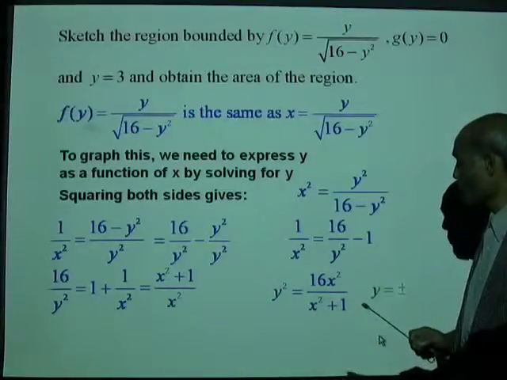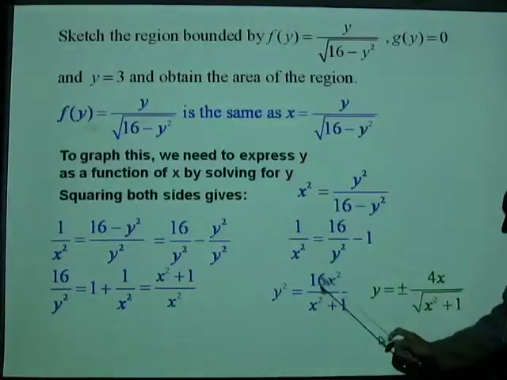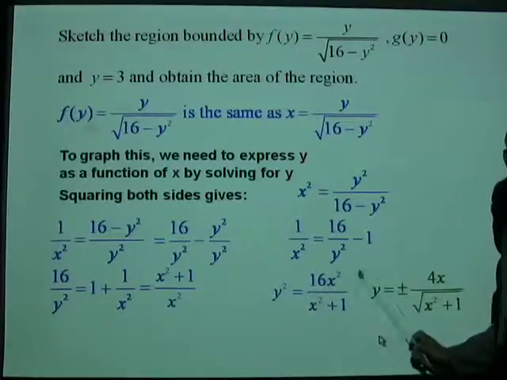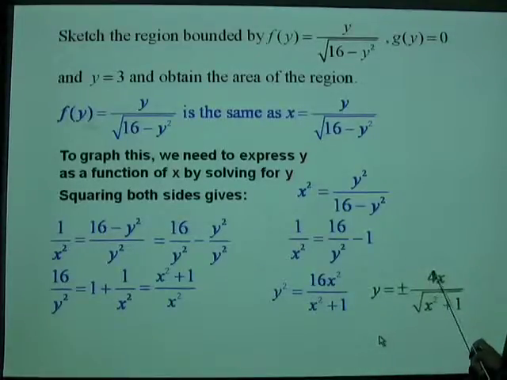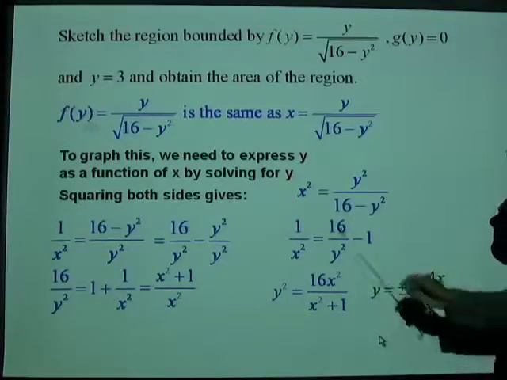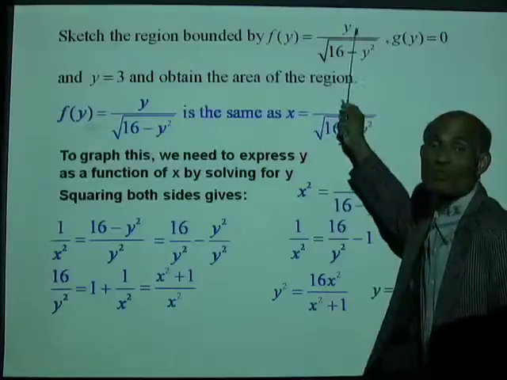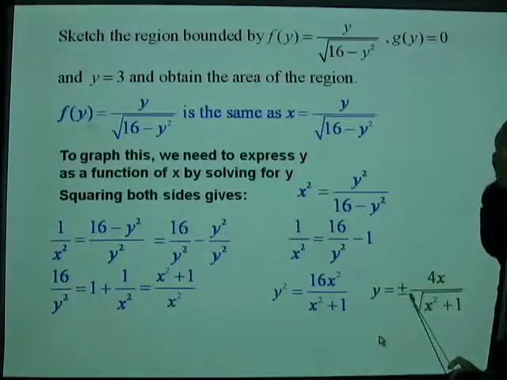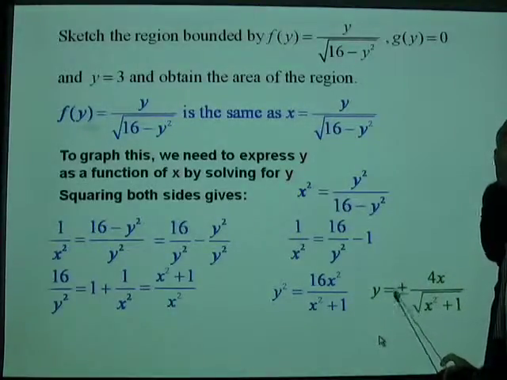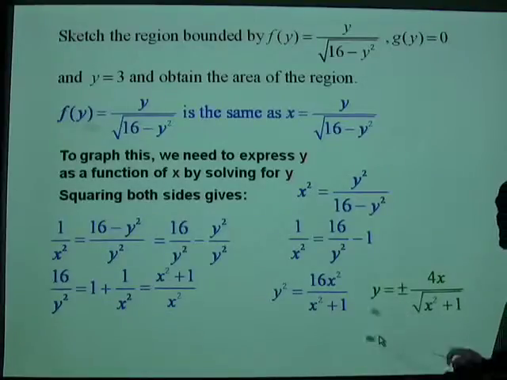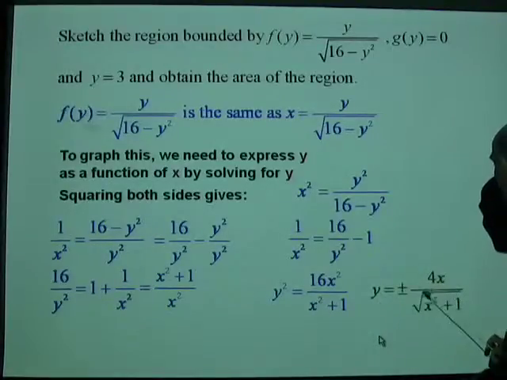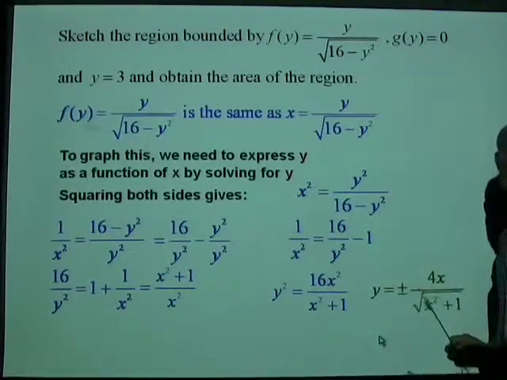And therefore, what is y? Y equal to, there will be 2 values of y, plus or minus 4x over square root of x squared plus 1. Now, since f of y is given as a positive quantity, we need only the positive value here. So the positive value is y equal to 4x over square root of x squared plus 1.